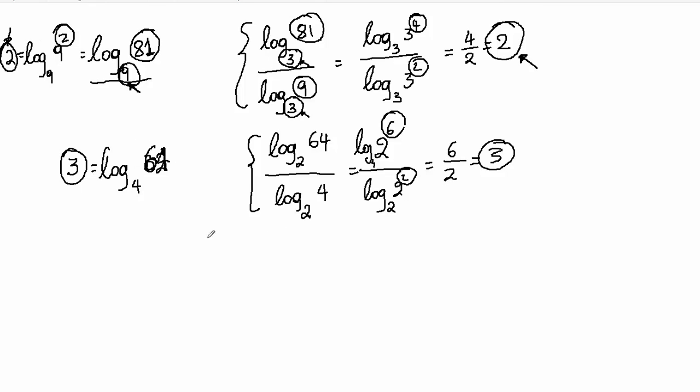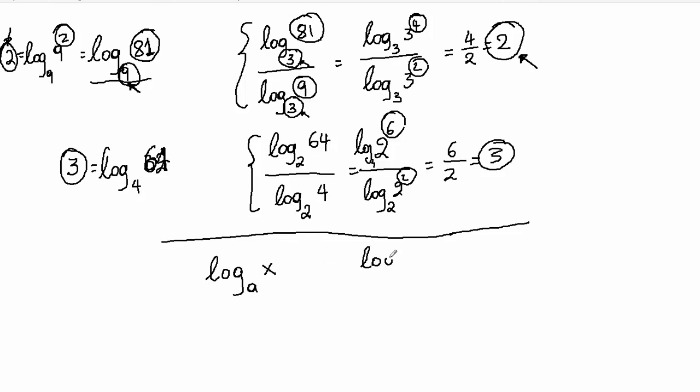This is where we base the rule that says that whenever you want to change the base of a logarithm, so if you have the log with base a of number x, and you want to change the logarithm to base b, then this is going to be the same as log with the new base of x divided by the log with the new base of the old base a.